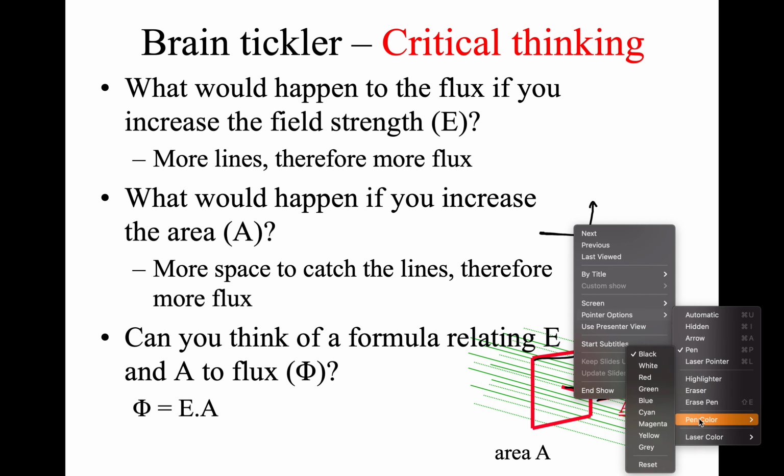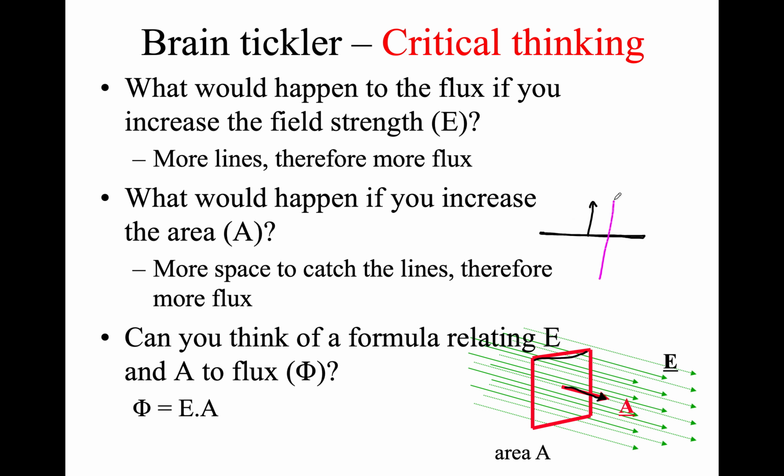Now I can introduce a field line going up, and you can see that they're pointing in the same direction. It's perpendicular to the surface, but it's pointing in the same direction as the normal. That means here the angle is taken from the normal. In this case, there is no angle, cos of 0. And if you remember, cos of 0 is 1, so you don't need to write it. It'll just be EA cos of 0, EA times 1, just EA.